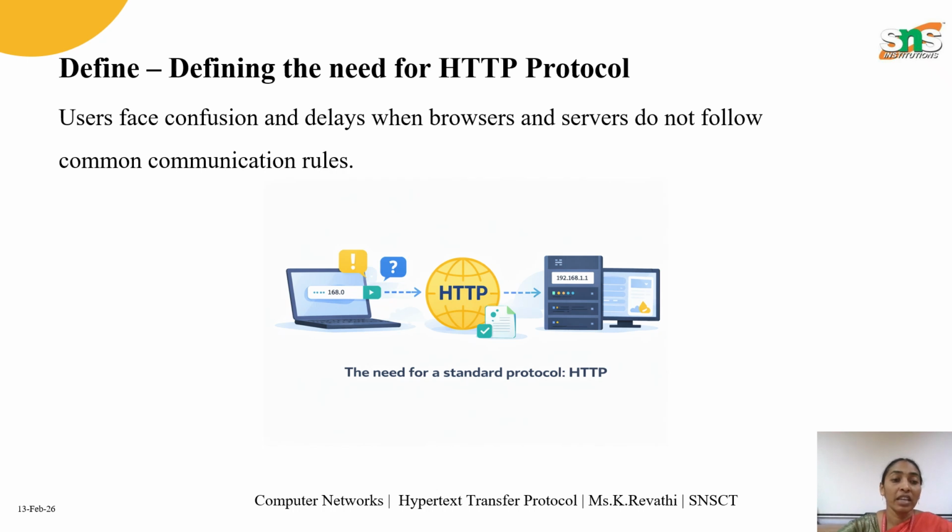So users face delays, errors, and confusion. So the problem statement is that users need a standardized protocol so that browsers and servers can communicate efficiently, and the solution is the HTTP protocol. A protocol is a set of rules for communication.